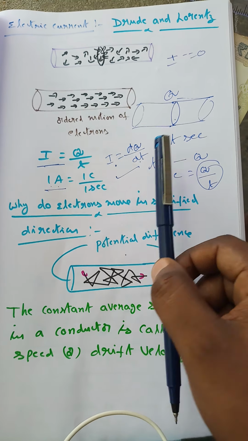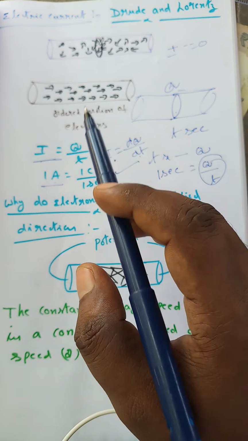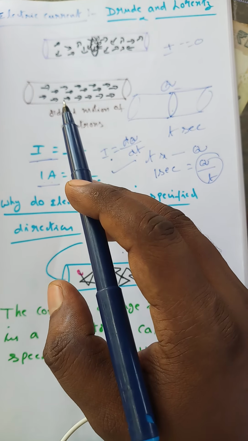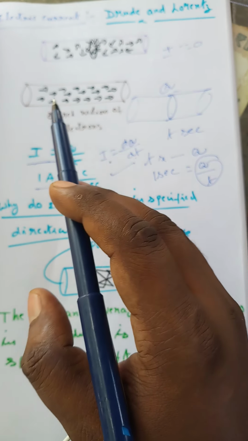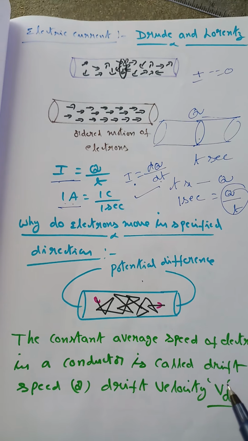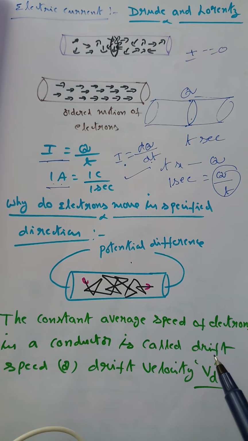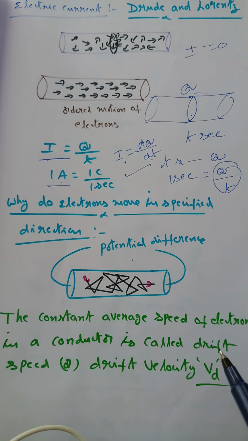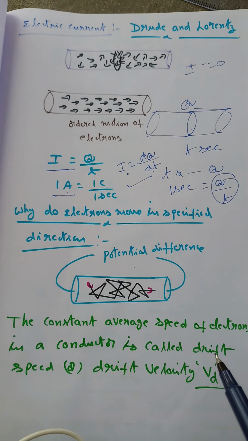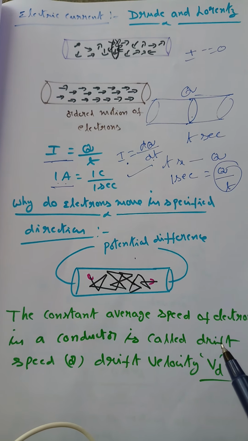When two ends of a conductor are connected to the two terminals of a battery, the electric field is set up along the length of the conductor, and that electric field forces the electrons to move in one specified direction, and that ordered motion of electrons constitutes electric current.